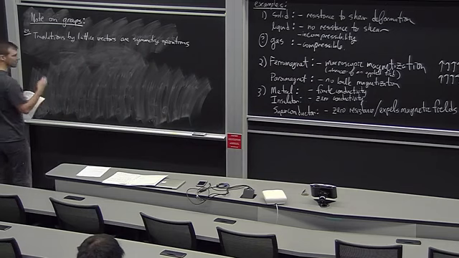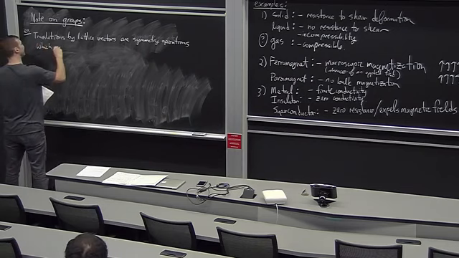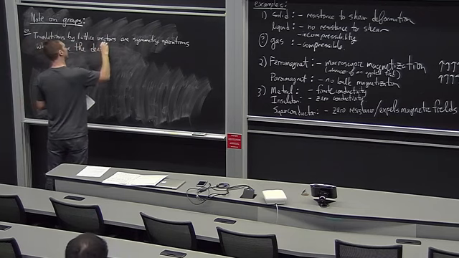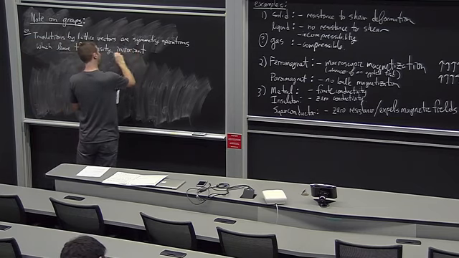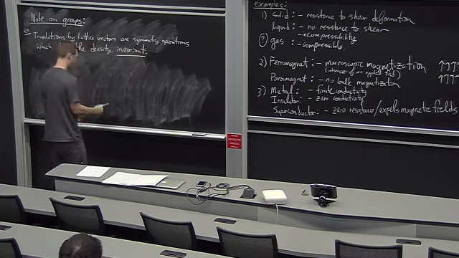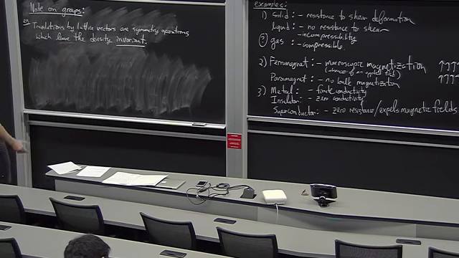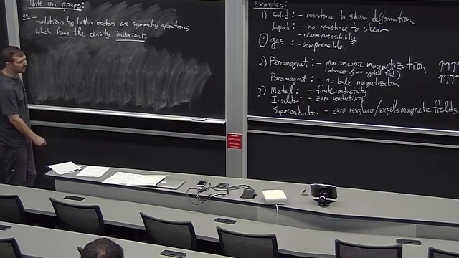There's certain translations which leave the density invariant. So that set of all lattice transformations forms what's called a group. And the crystal is invariant under operations of that group, just another way of saying this. Okay, so all these translations form a group, say.